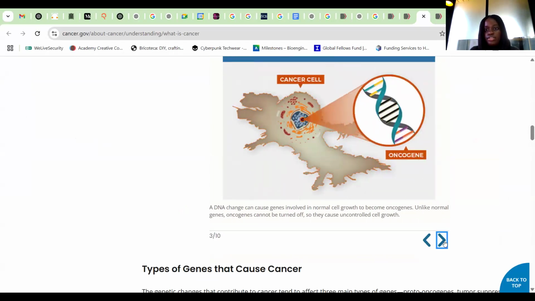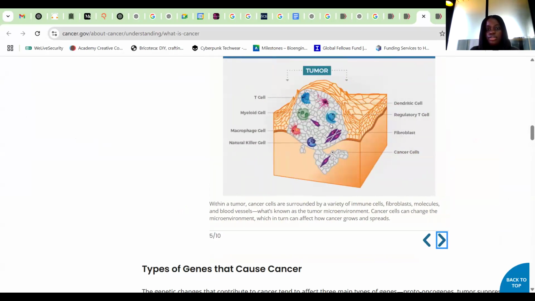So in this tumor microenvironment, as I said, it has its own sort of little mini village town that it's created for itself. And there's something called fibroblast within the skin tissue, and it sort of, I don't know if biologists will kill me for saying this wrong, creates the scaffolding within your skin.